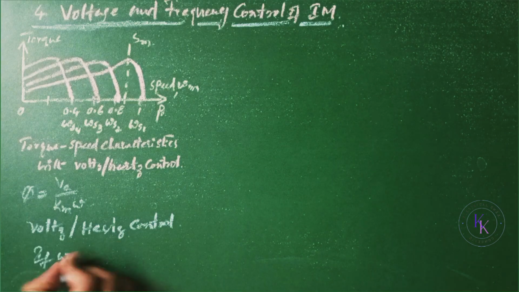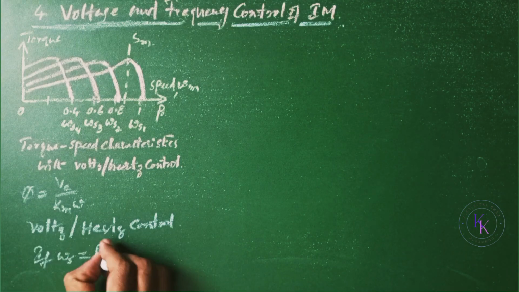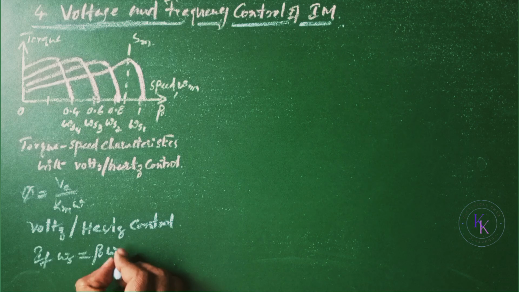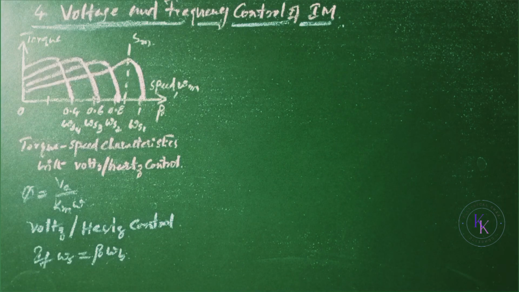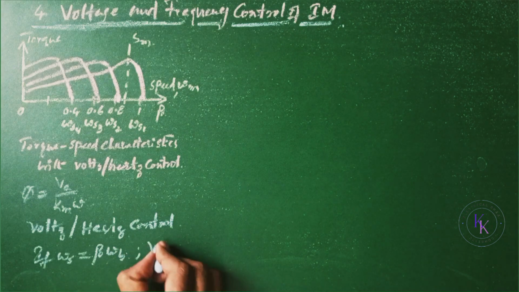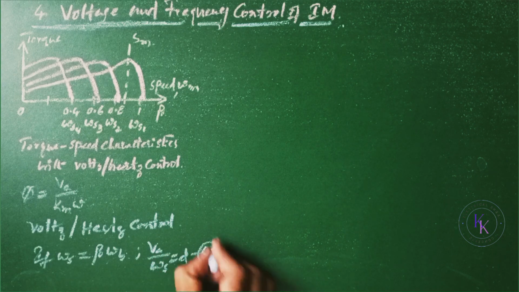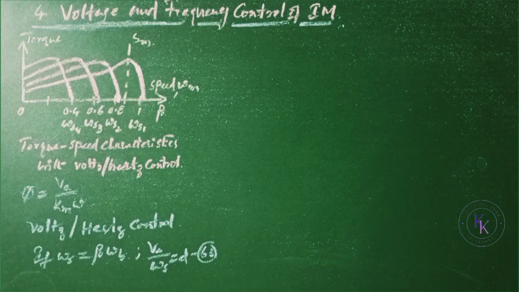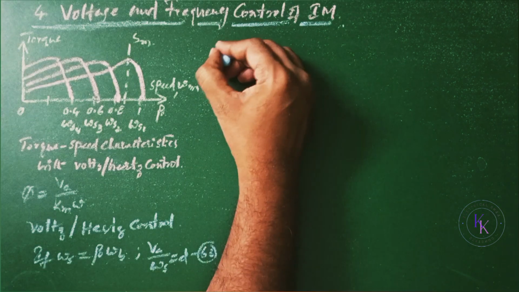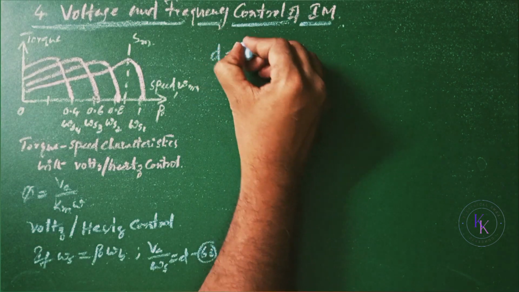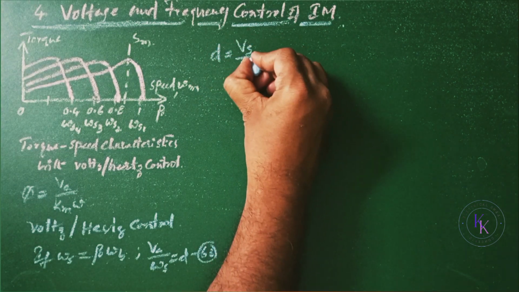If omega s equals beta omega b and the volts to frequency ratio is constant, so that Va divided by omega s equals D. Let it be 63. The ratio D, which is determined from the rated terminal voltage Vs and the base speed omega b, is given by D equals Vs divided by omega b.